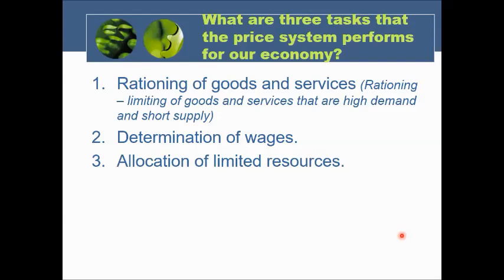And then we have the allocation of limited resources. So these are the three tasks that the price system performs in our economy: rationing of goods and services in terms of high demand and short supply, determination of the wages or income of the consumer or household, and the allocation or distribution of limited resources.